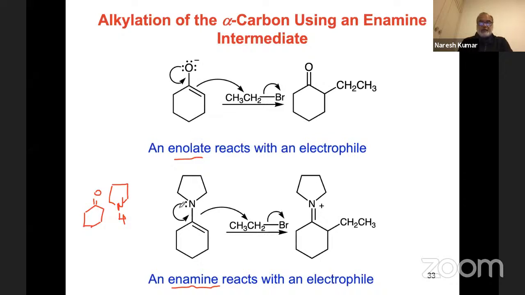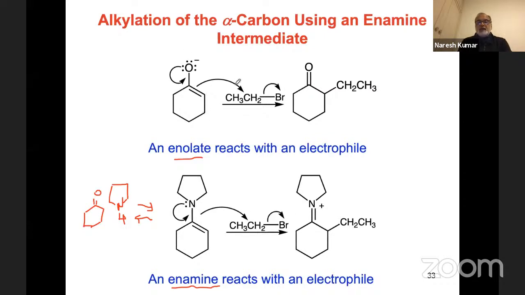So in terms of reactivity, the enolate is very similar to an enamine. And we also know that the enamine can be hydrolyzed back to the ketone after it is formed. So the question then is, can we, instead of an enolate, use an enamine to do the same reaction?